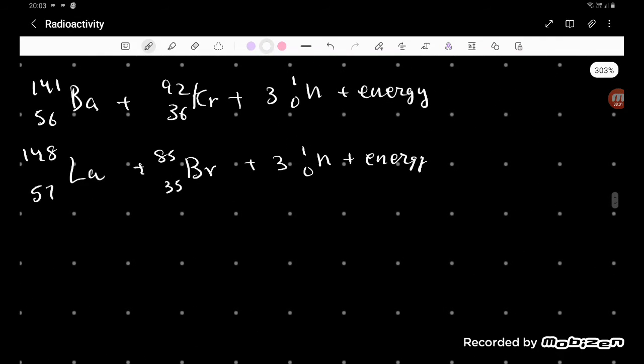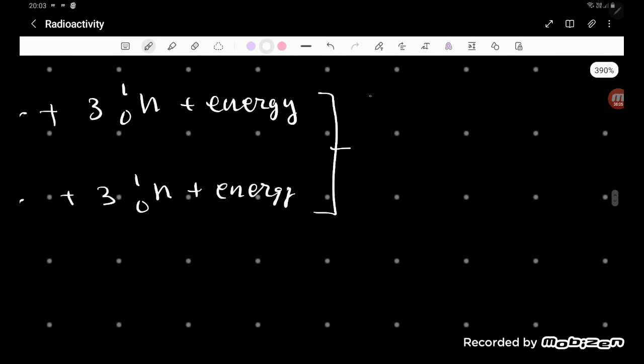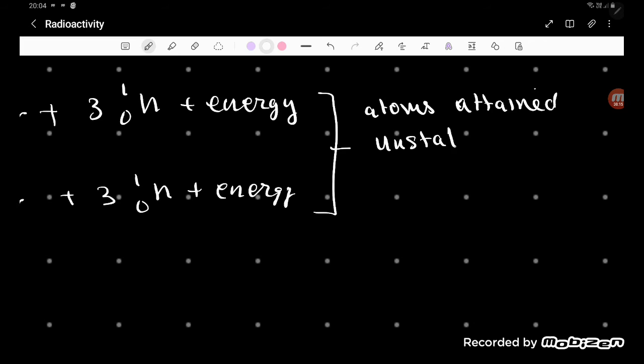Something to remember here is that the atoms attained are unstable, so they emit beta and gamma.